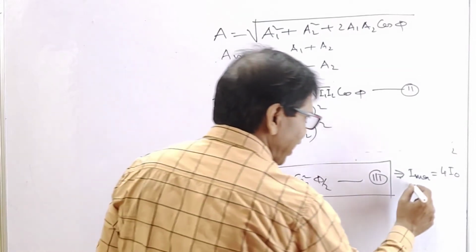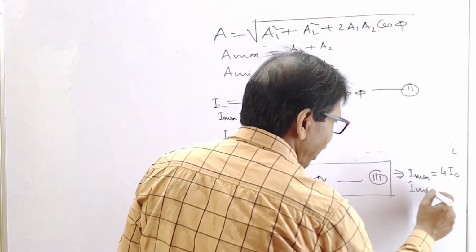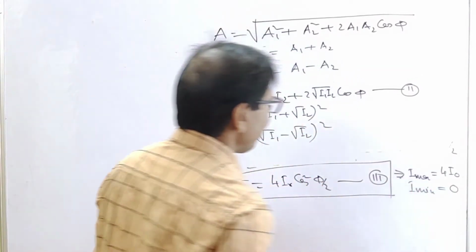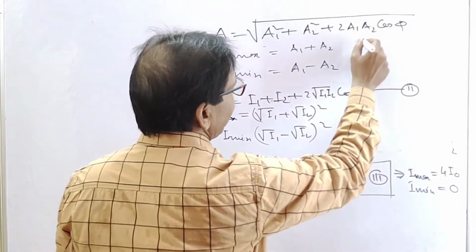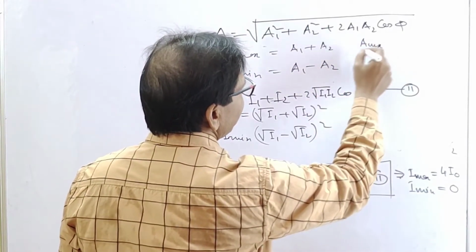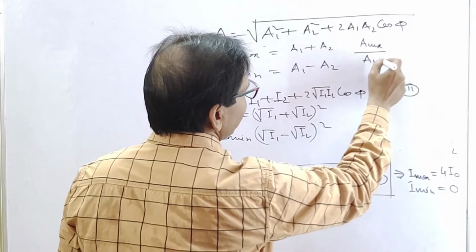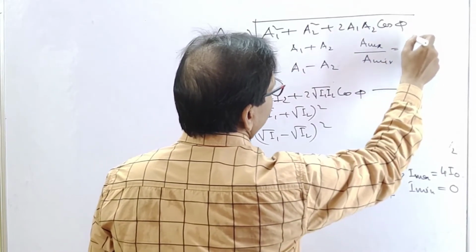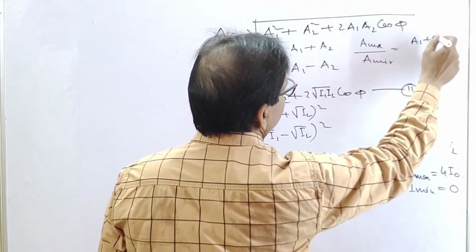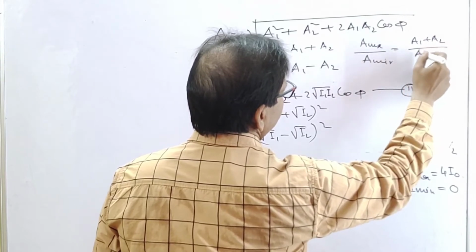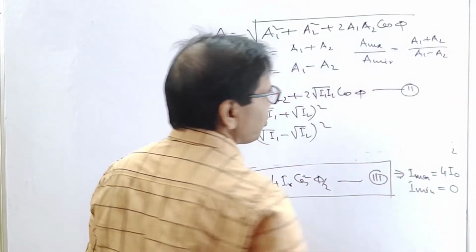So here I min is equal to 0. Okay, so here A max divided by A min equals A1 plus A2 divided by A1 minus A2.